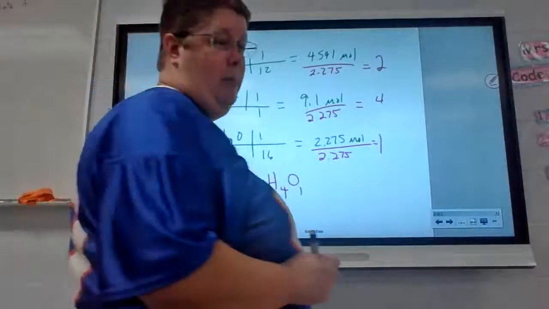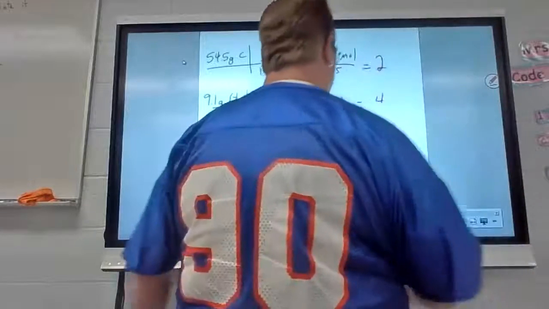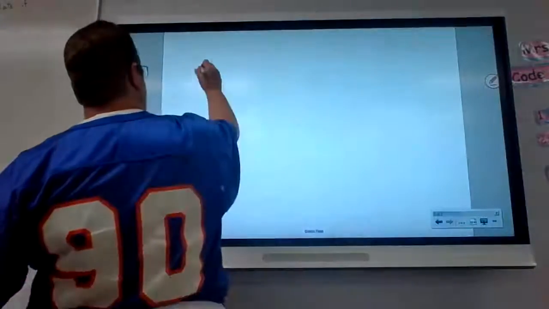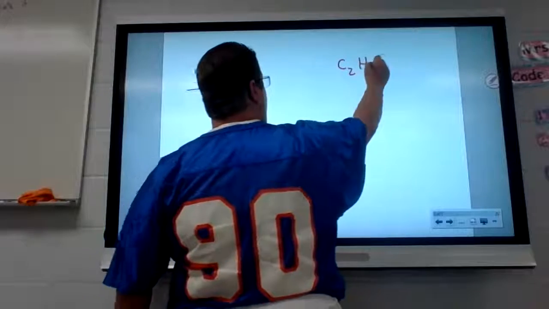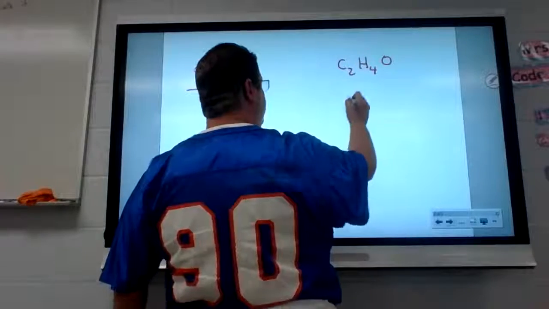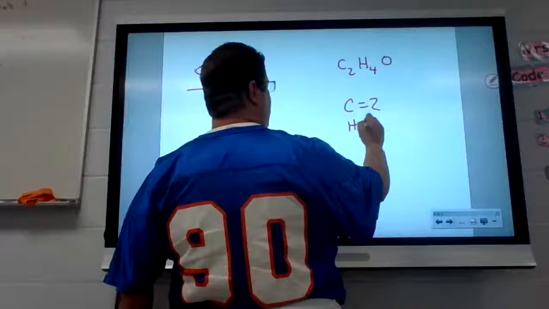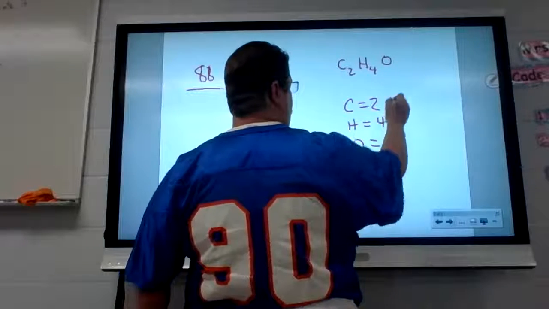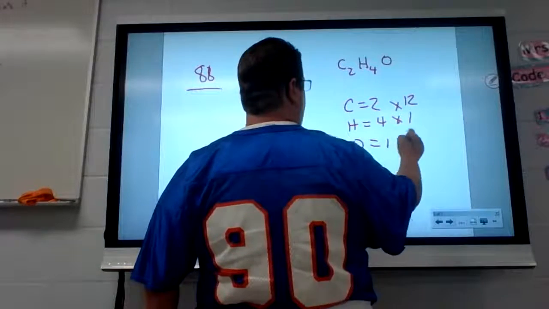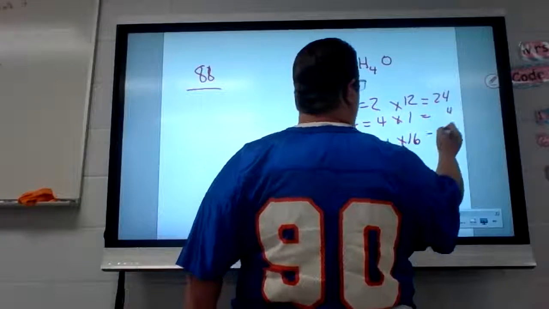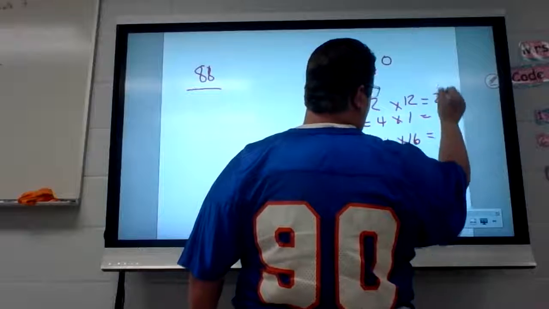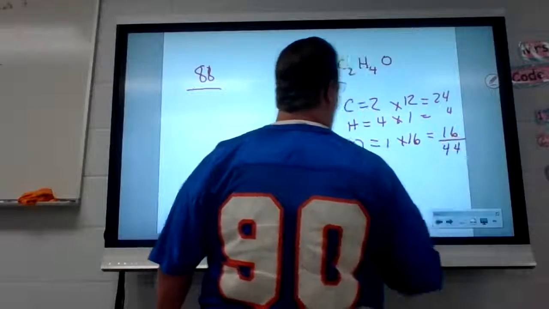Now, that's the empirical formula. Now you have to use the molar mass, which is 88. All right, so 88 divided by C2H4O. So C had 2, H has 4, O has 1, times 12, times 1, times 16, 24, 4, 16, that's going to be 14, carry my 1 will be 4, so it'll be 44.